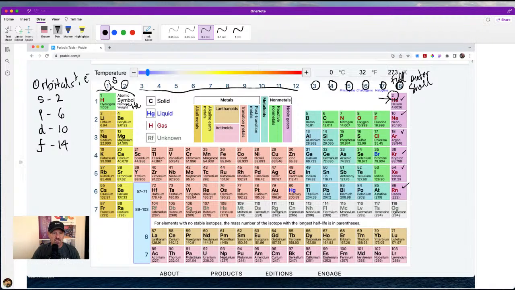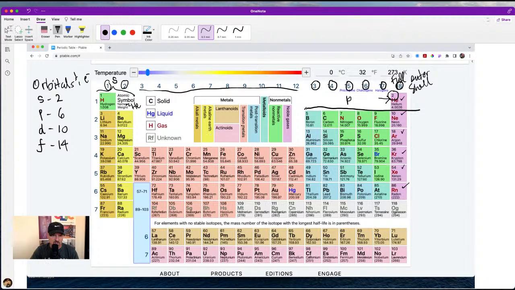So these are the s orbitals, groups 1 and 2. This whole section over here, with the exception of helium, helium doesn't belong in this. This whole area across here, let me see if I can draw a semi-straight line. Maybe. All of this block over here is the p orbital.